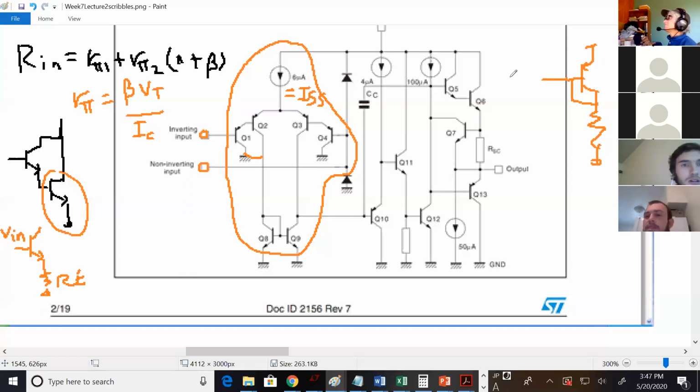Are they? Yep. So if you drew this current source in, you'd have your VCC, if this is VCC here. Then you'd have a small degeneration resistor, then a PNP.